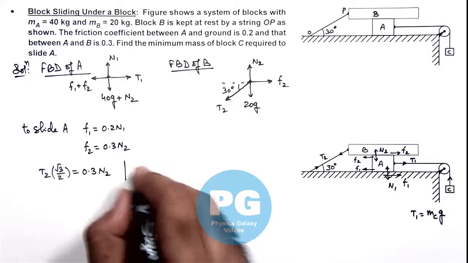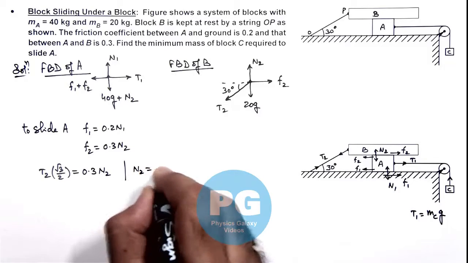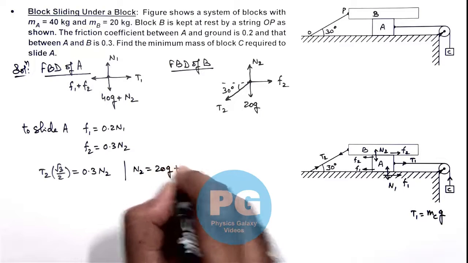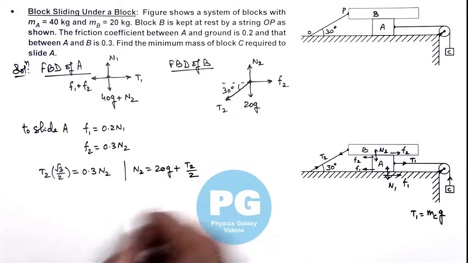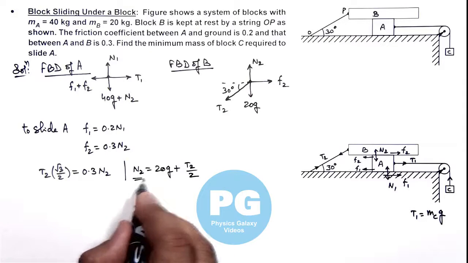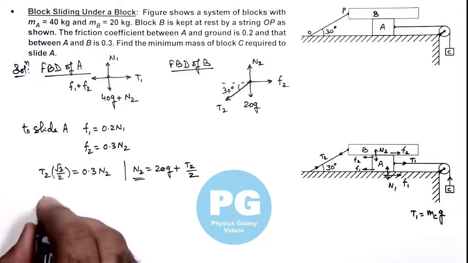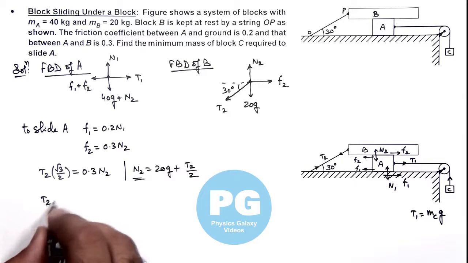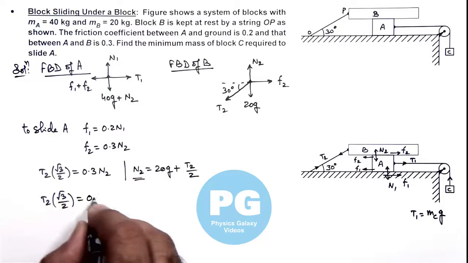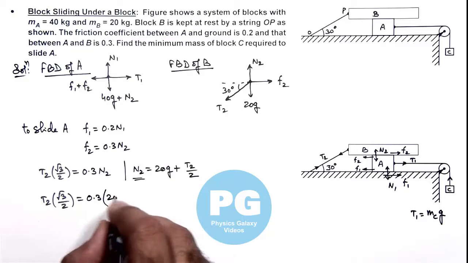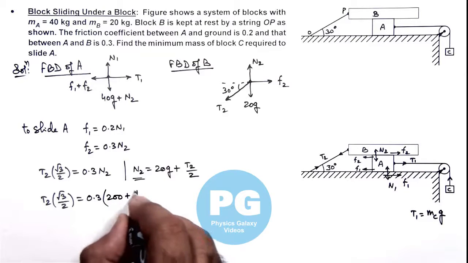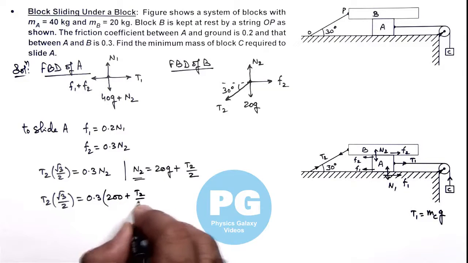We can balance the forces as N2 equals 20 g plus T2 sine 30 degree, that is T2 by 2. So if we substitute the value of N2 from this equation to here, this will give us T2 times root 3 by 2 equals 0.3 times 20 g, which can be taken as 200, plus T2 by 2.